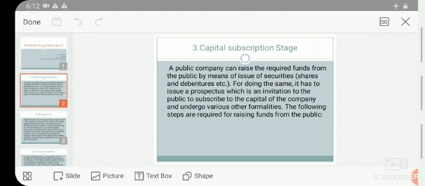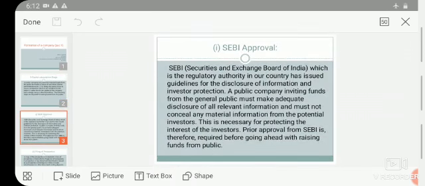That means the following steps are required for raising funds from the public. We are going to study those steps here one by one.